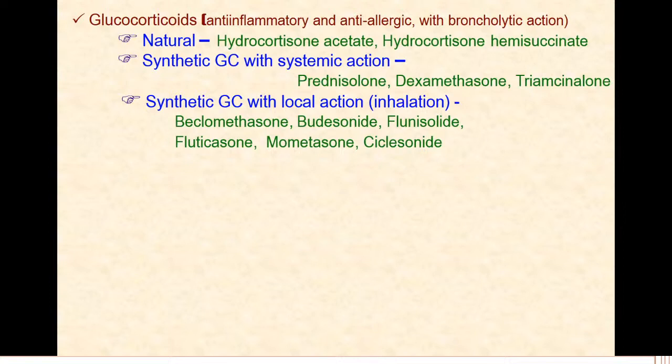These agents are derivatives of glucocorticoid hormones which are not absorbed through mucosa. They are used in the form of inhalation and act only on airways. That's why they don't cause systemic effects, but they are very effective as anti-inflammatory, anti-allergic agents, and nowadays usage of topical glucocorticoids is very helpful for treatment of bronchial asthma.